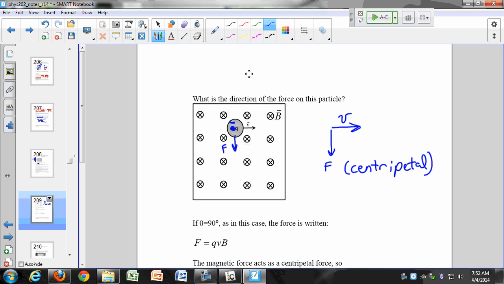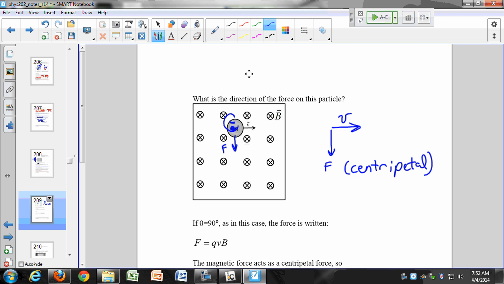Rob? If it was pointing this way, and the beam is going into the page, the force is going up, so would you have to change it so it was going this way? If you've got B going into the page, velocity is going this way, force is going out. Yeah, I'm sorry, I made it a negative particle.